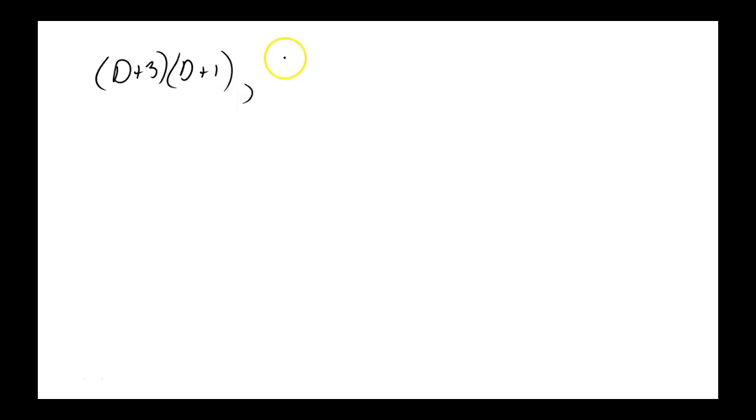Here's another one, D plus 3 squared, and D cubed times D plus 3. It says they all annihilate e to the minus 3x.